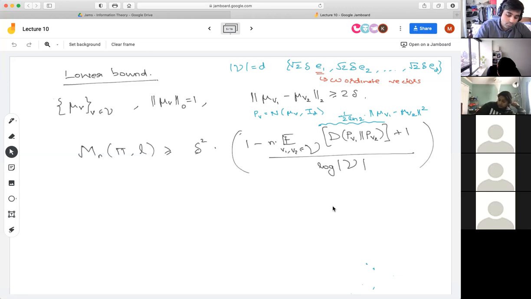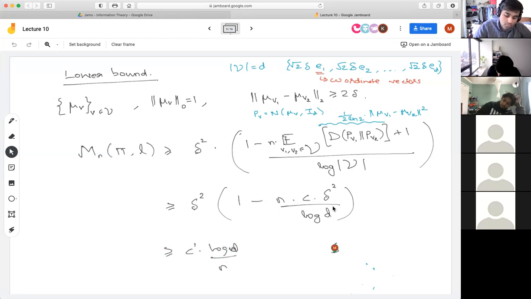So then we get that this is greater than or equal to delta squared times 1 minus n times, again, some constant times delta squared divided by log d, which is greater than or equal to some other constant times log d over n for delta, which is again some constant times the square root of log d over n.